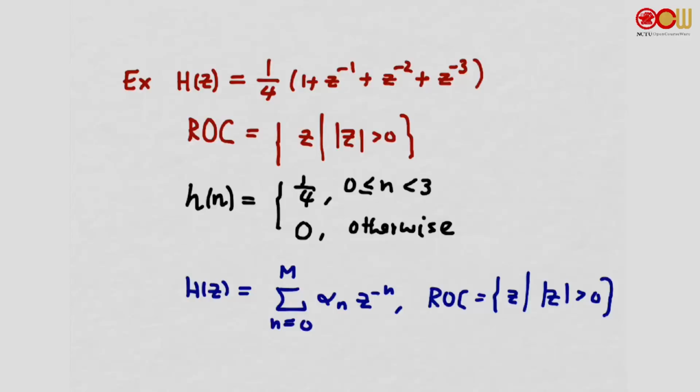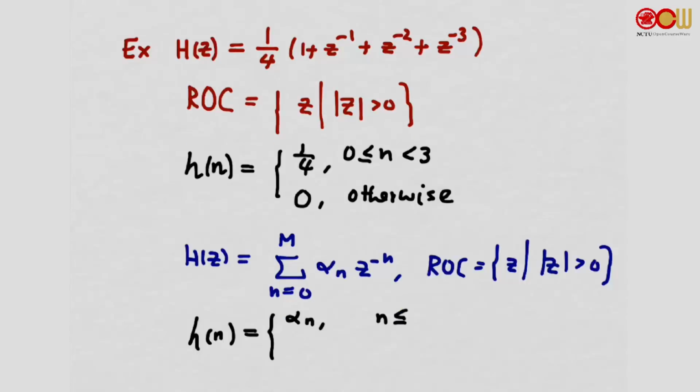More generally, if we have a Z-transform of this form, a summation for n from 0 to M of alpha^n z^(-n), and the region of convergence is the whole Z-plane except for the origin, then we also know what the corresponding sequence is. h[n] is equal to alpha^n for n between 0 and M, and it's 0 otherwise.